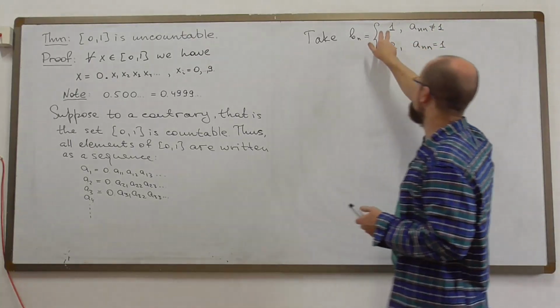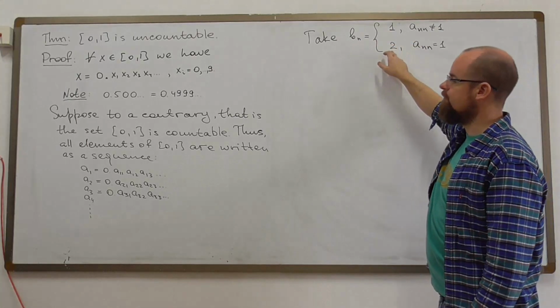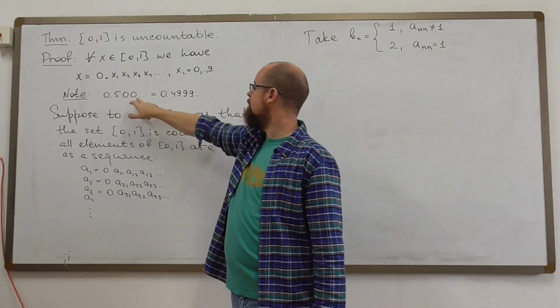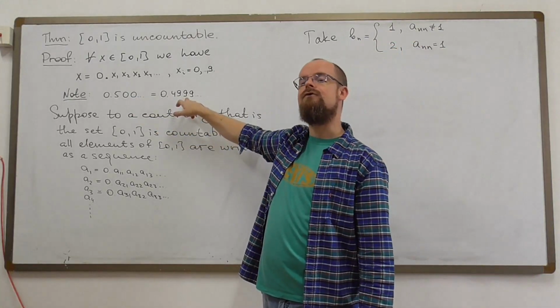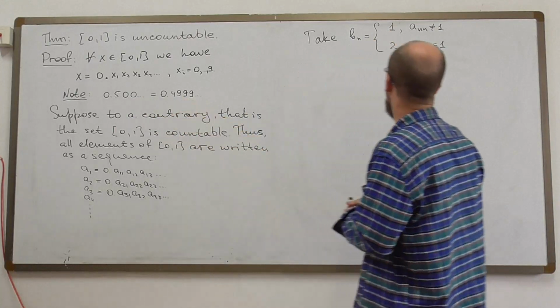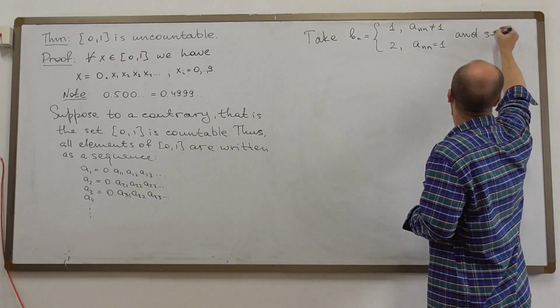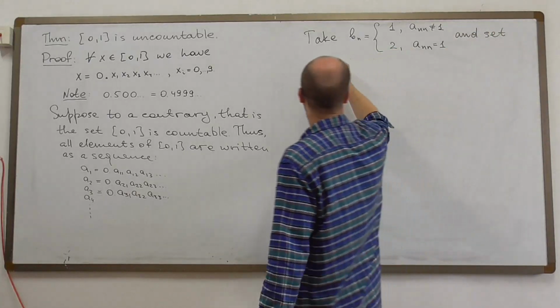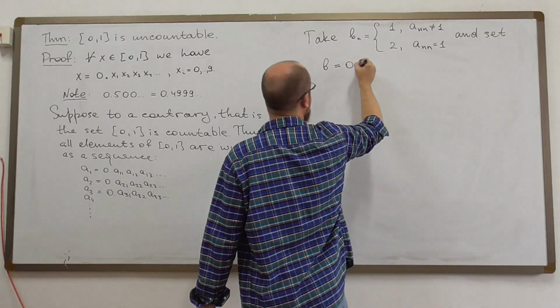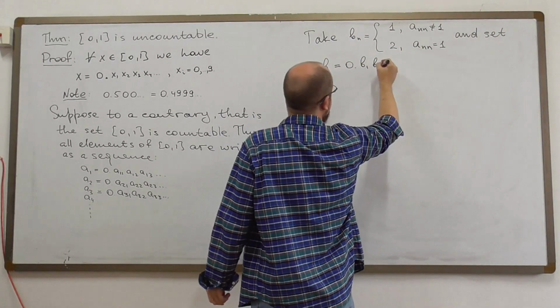I specifically choose the values 1 and 2 to avoid zeros and nines, so as to avoid miscounting. And I will set B to be this decimal expansion.